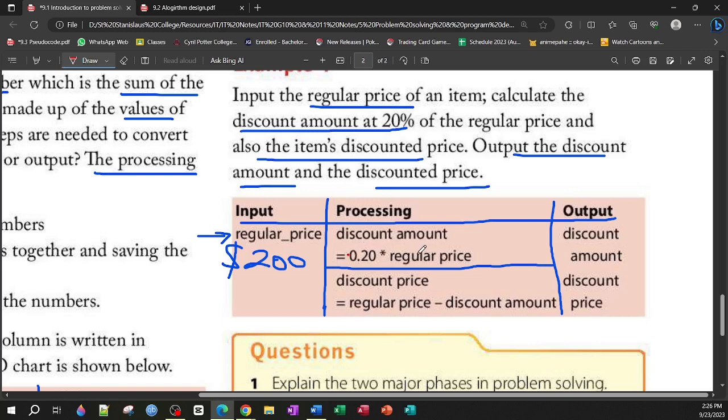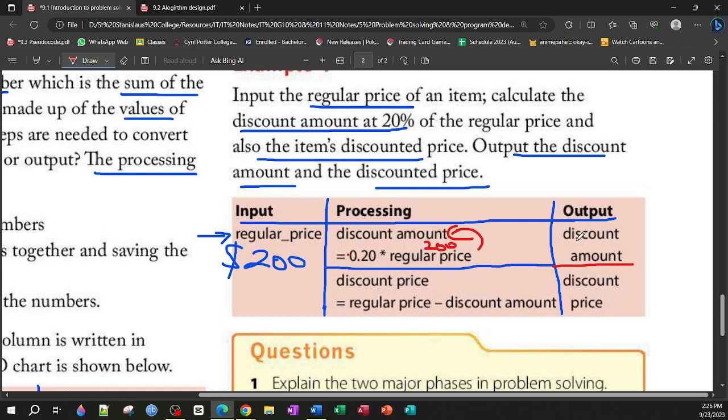So the regular price, which is $200, we're going to multiply it by 0.20, which is basically going to give us 20% of 200. And we store that into the variable discount amount. So if we notice in the output, we're outputting discount amount. So we take in the price, we calculate that 20% of that regular price, and then we output how much is that 20%.